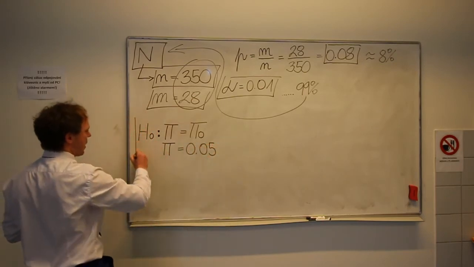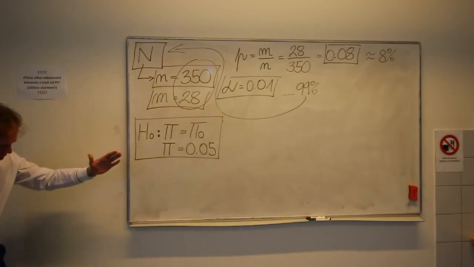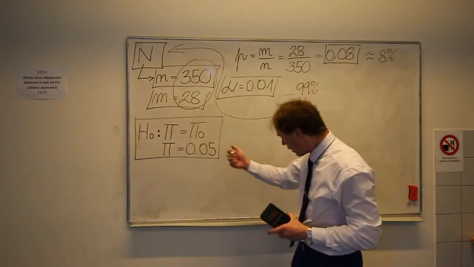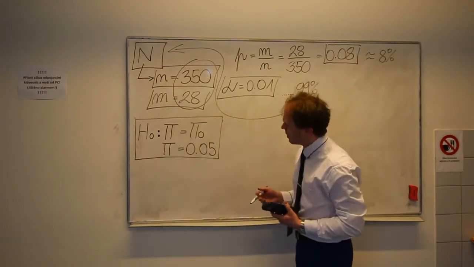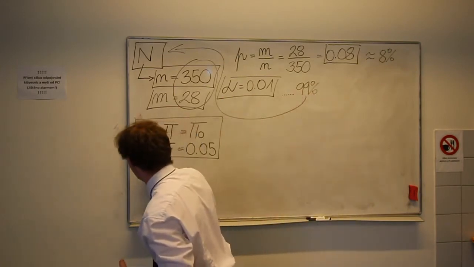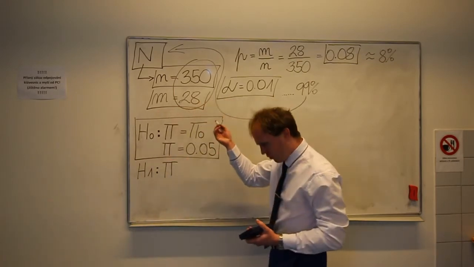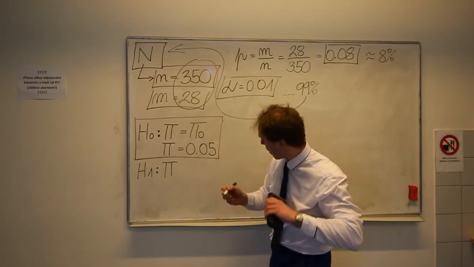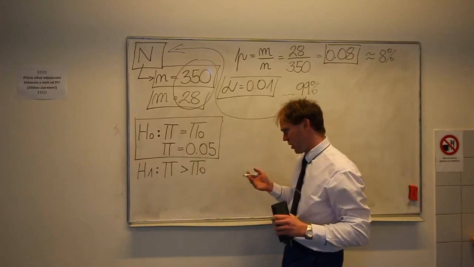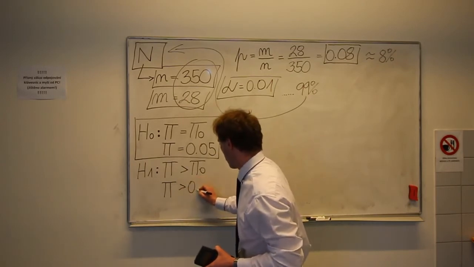0.05, 5% of voters. But you will be happy, or your boss, the leader of your political party, will be happy if you reject this hypothesis, and valid will be the alternative one, H1, which claims that the proportion of voters who would like to vote for the political party will be higher than P0. In our situation, we will be happy if the proportion is higher than 0.05.